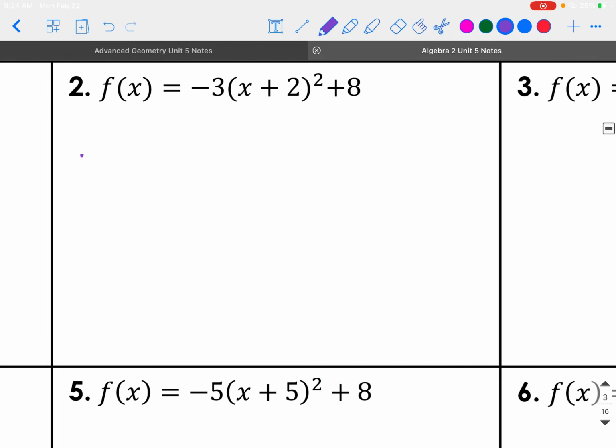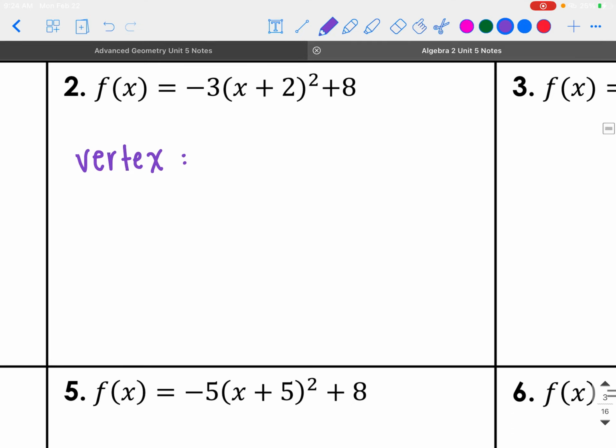Number 2, the vertex, negative 2, because we did the opposite of that one, 8. That number over there. The axis of symmetry, x equals negative 2.